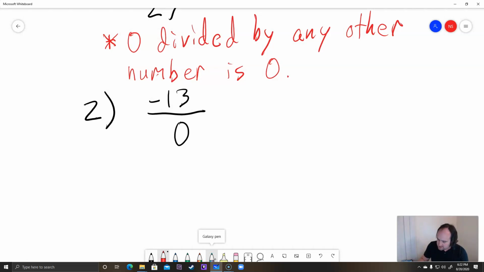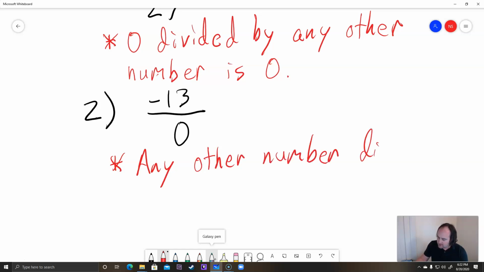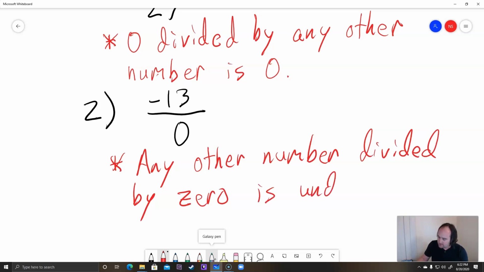So what we write in this case is undefined. Any other number divided by 0 is undefined.